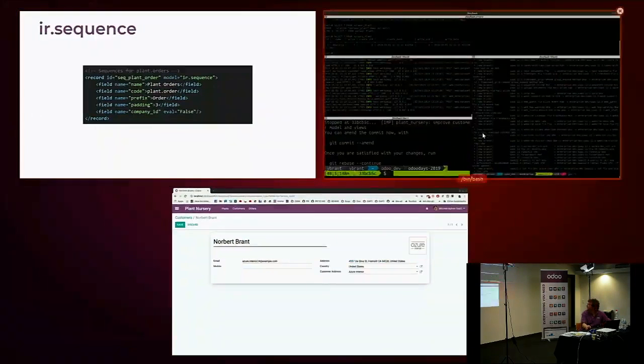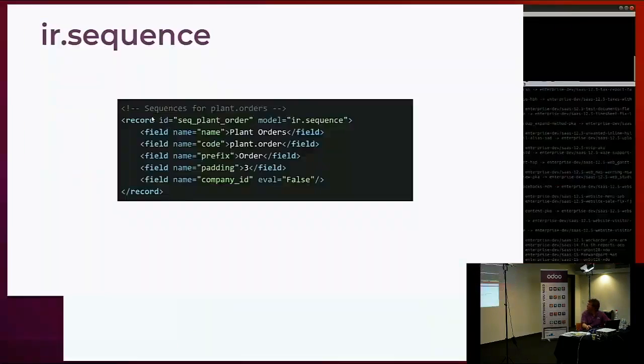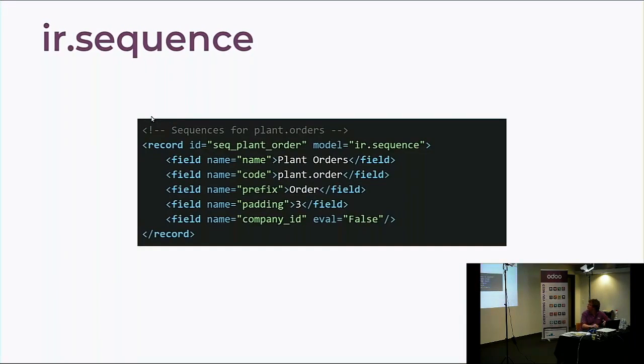The last thing that I want to show you is the IR sequence model. It's to basically create a sequence for your orders. You want to keep track of your orders. For example, the first one will be order 001, the second one order 002, and you want to, as for invoices, avoid gaps or having two invoices with the same sequence.